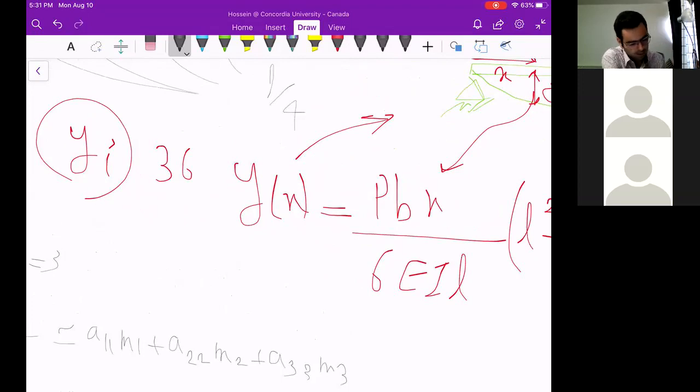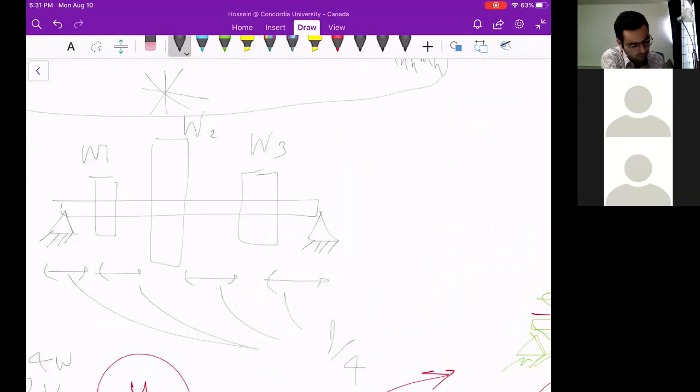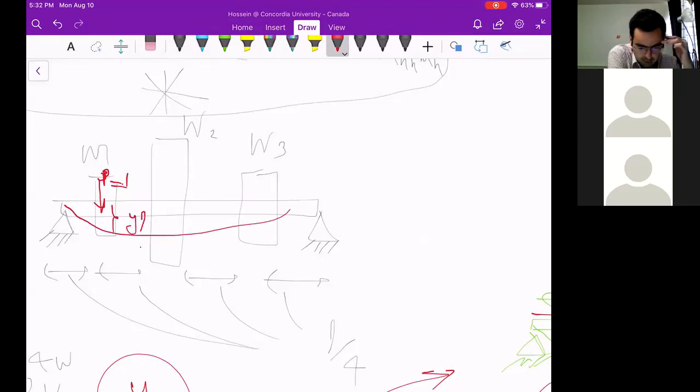Here, if I want to calculate A11, there is a unit force at point 1, and I want to calculate this deflection. Therefore, this is x, L over 4, and this is B, which is 3L over 4.